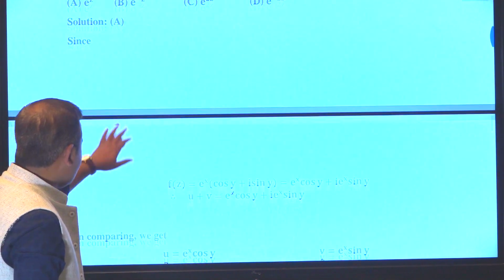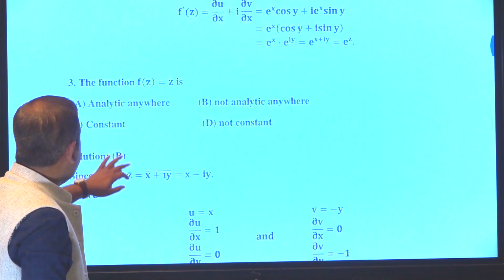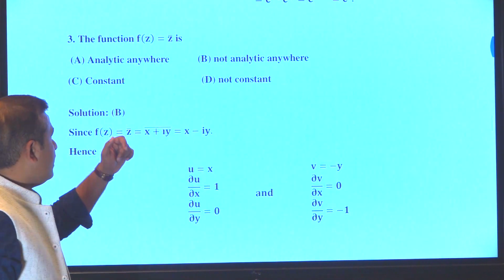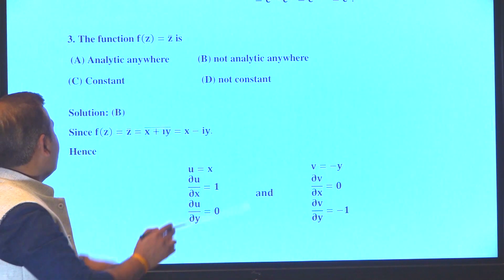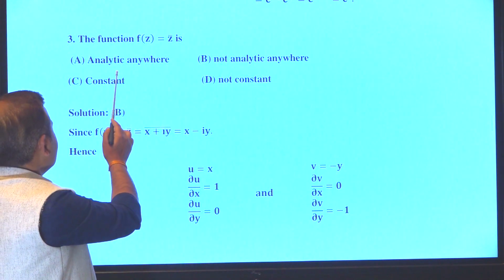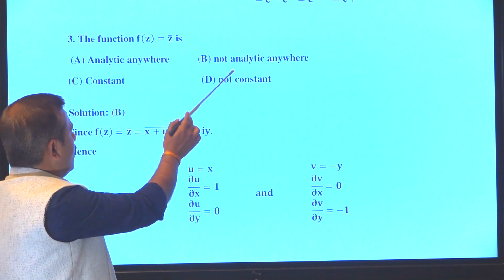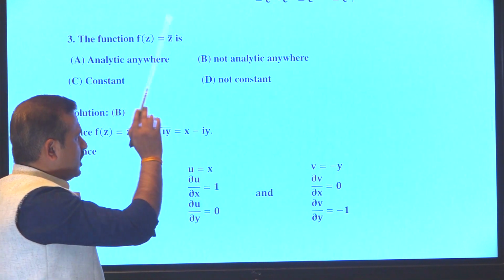Now come to the another problem. See, this is the another problem, f(z) equal to z bar, and we have the options: analytic anywhere, not analytic, constant and not constant.